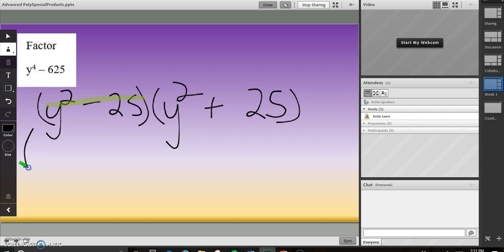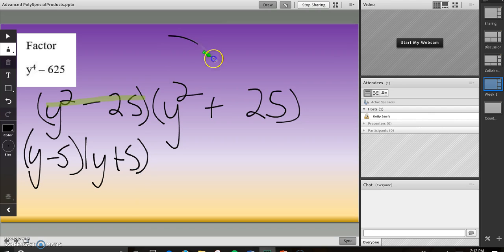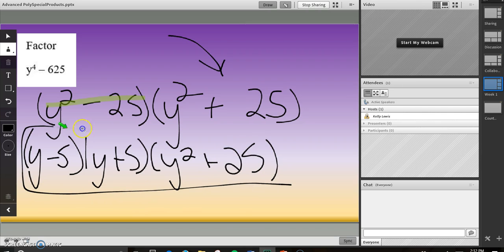That guy factors, so y minus 5, y plus 5. And then he can't factor anymore. He's prime. So don't write the word prime, just write him down. And so it factors one more time, because that y squared minus 25 factors to y minus 5, y plus 5. And it doesn't matter which order you put them in.